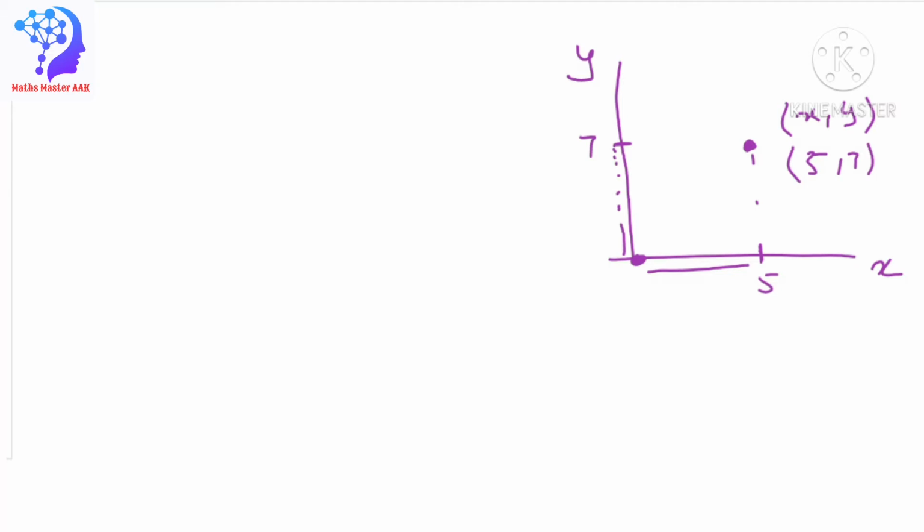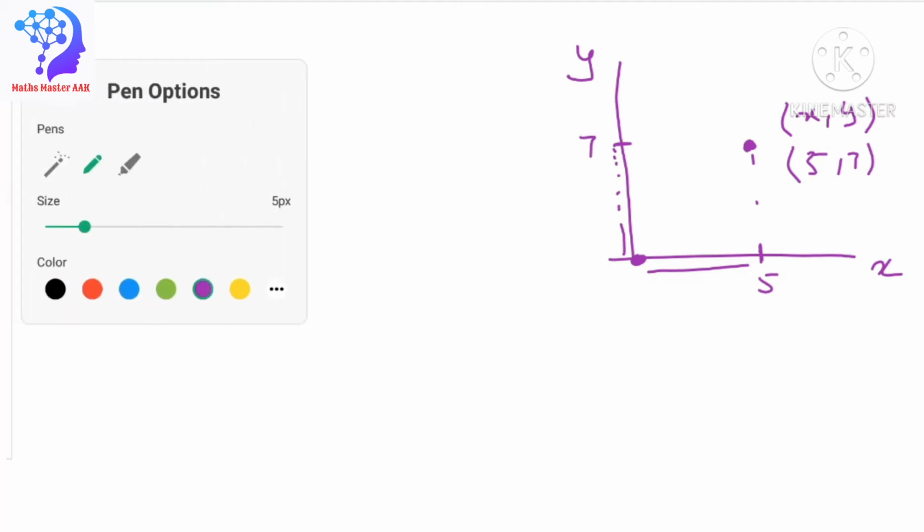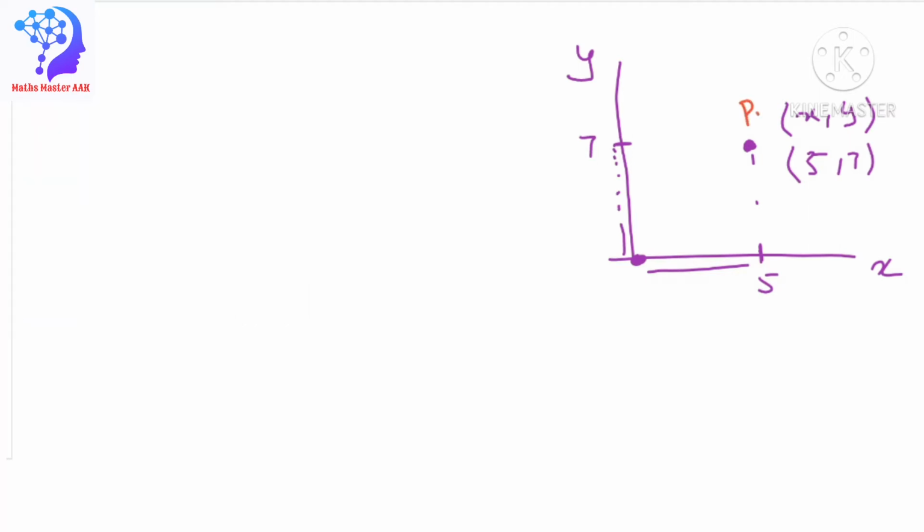So a coordinate can be described with the help of x and y values, and this is called the Cartesian coordinate system. Now how can we find the distance between 2 points? Let's suppose 2 points are present, let's call the first P1 with x and y values x1, y1, and the second point P2 with x2, y2.